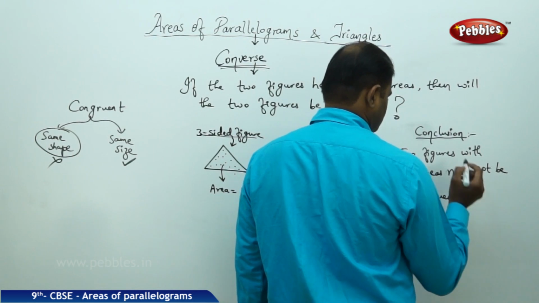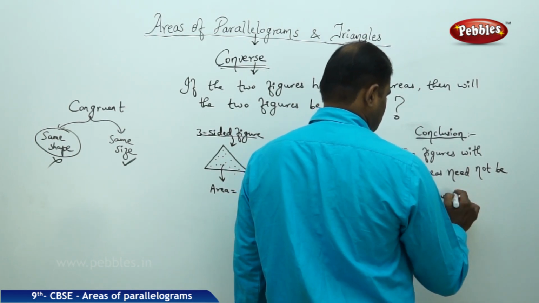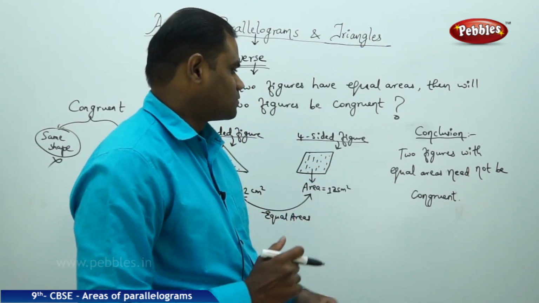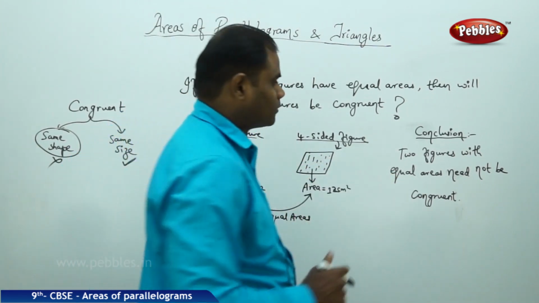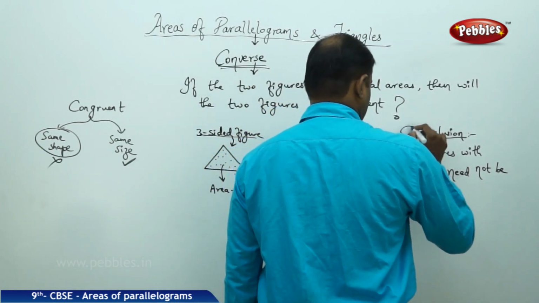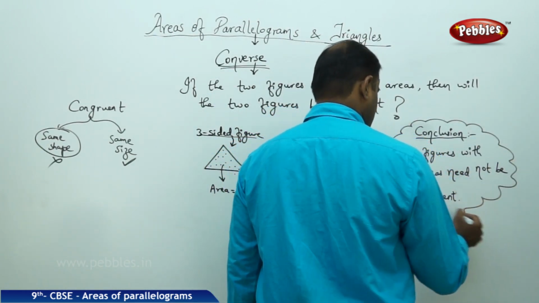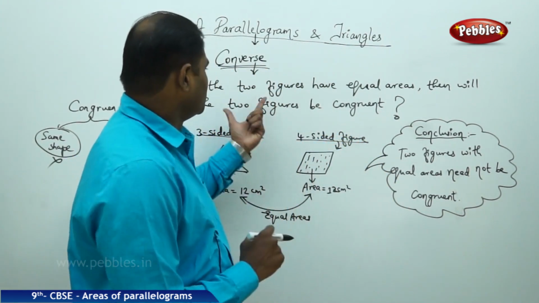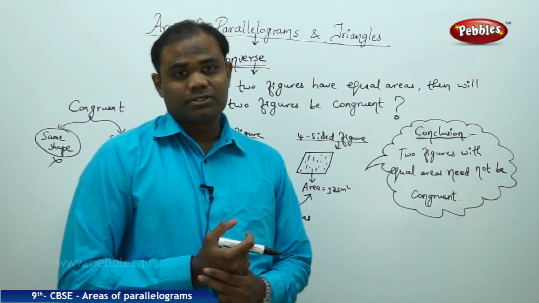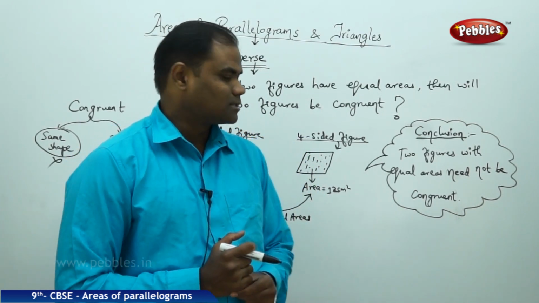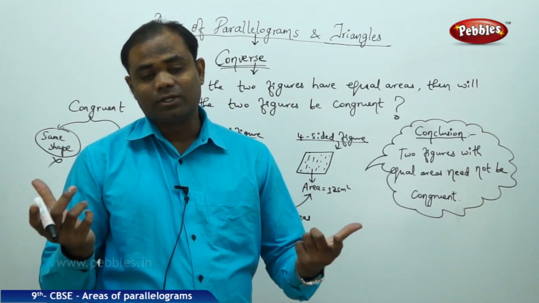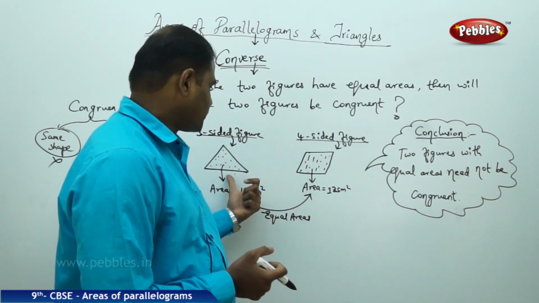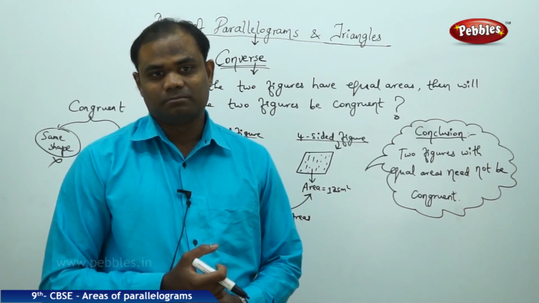That is how I conclude two figures with equal areas need not be congruent. That is the conclusion in the converse. So the converse of the congruency statement says that two figures which have equal area need not always be congruent, just as in the case of triangle and parallelogram.